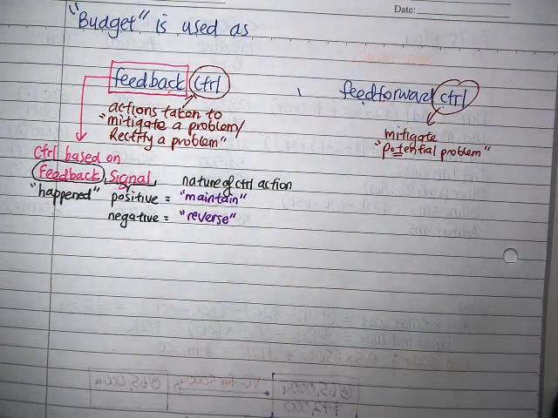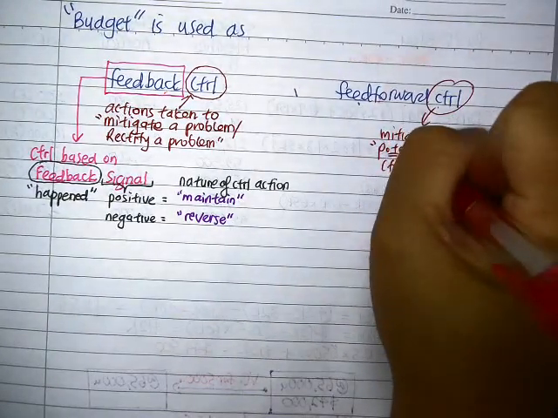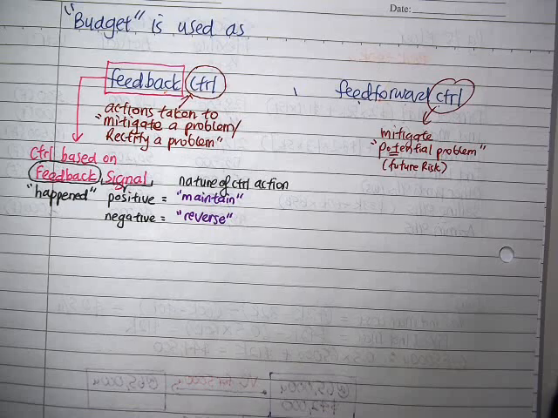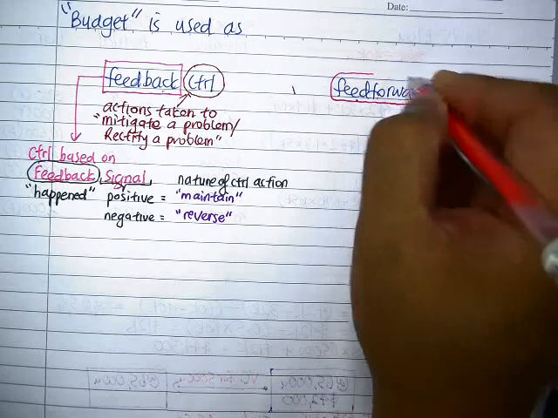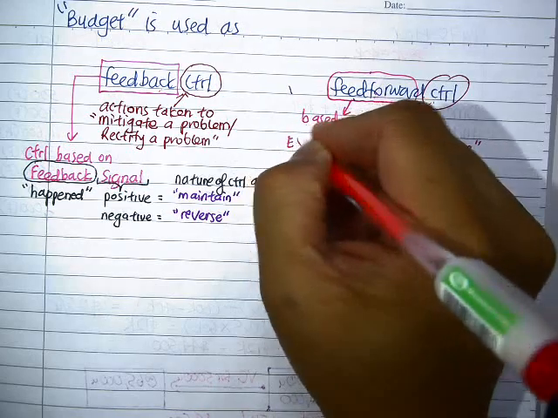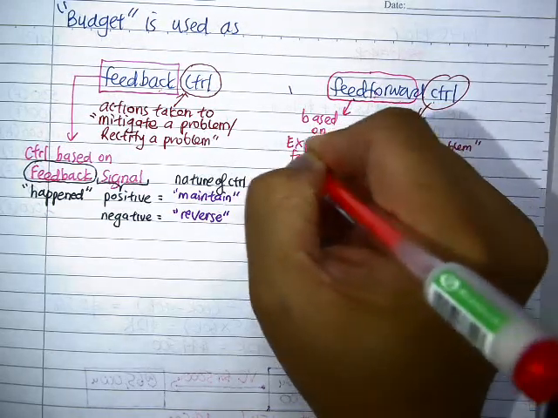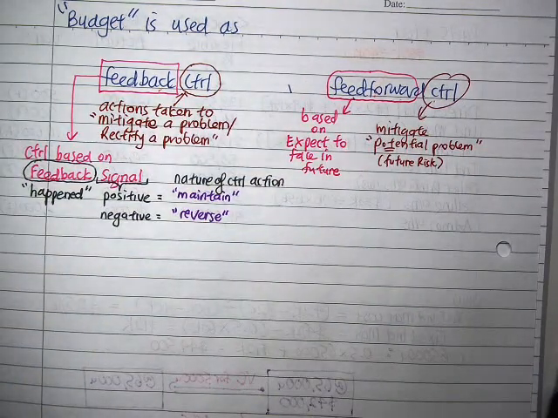We are looking at a potential problem, something that's going to happen. Okay? So it's of future risk. That's why feed-forward is based on what we expect to face in the future. Okay? Feed-forward is based on the future.